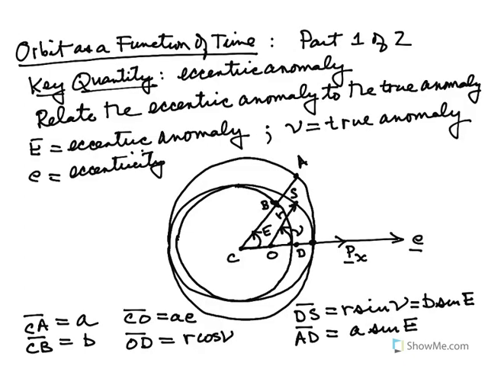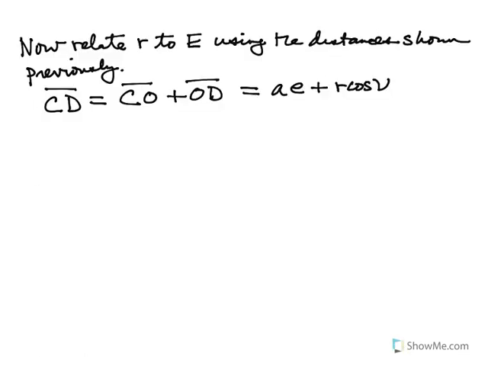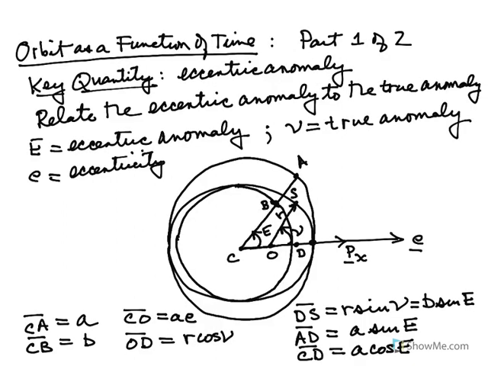But we already knew the distance from C to D, we can also get that. Let's put that down here. The distance from C to D is equal to a times the cosine of E.